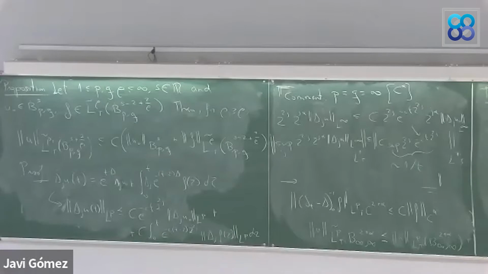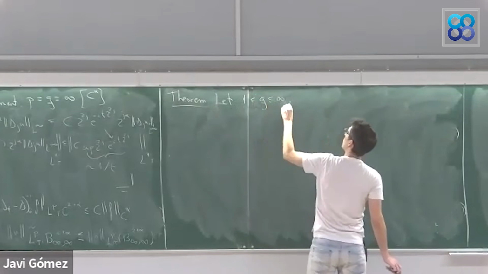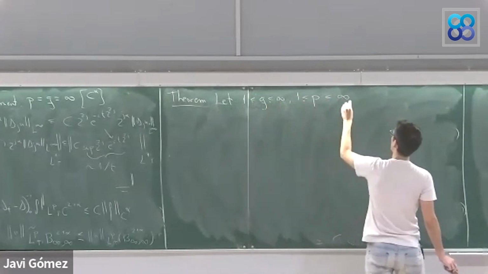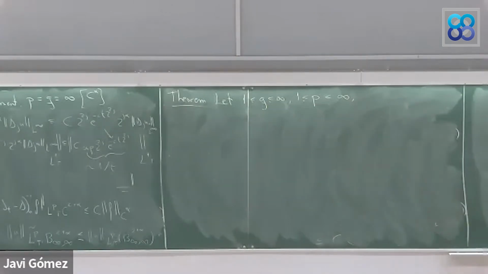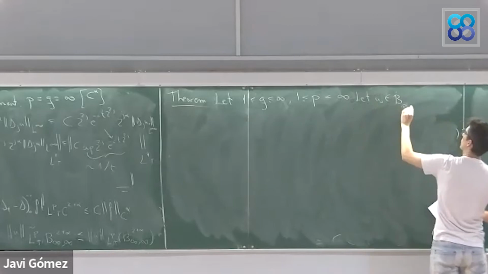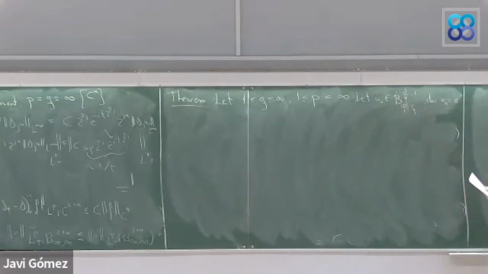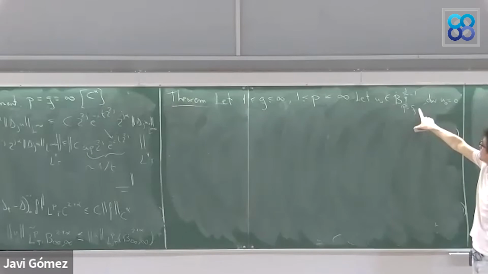So now we can apply this for Navier-Stokes. So if we have initial data in any critical space like this, you can check the powers. This is in RD.